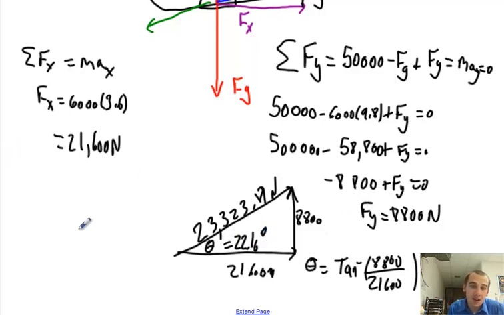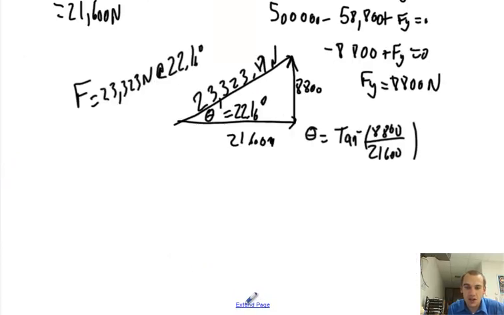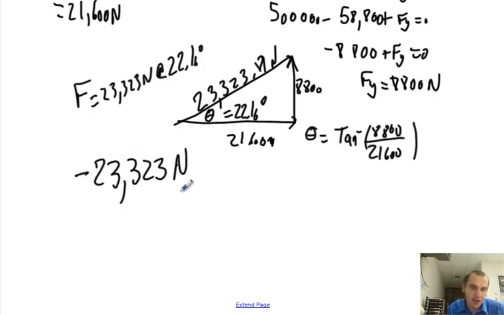So the force the air exerts on my airplane is 23,323 newtons at 22.16 degrees above horizontal. Now if I wanted the force the engine's exerting, remember that force is equal and opposite to that, so it would be 23,323 newtons, negative that, at 22.16 degrees. If you wanted to add 180 to that and say at 202.16 degrees, you could do that too.